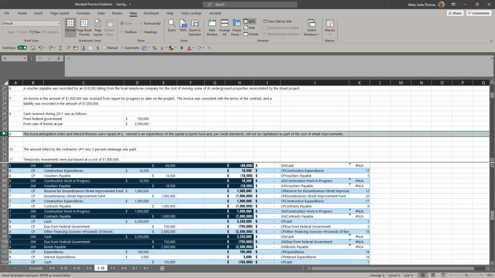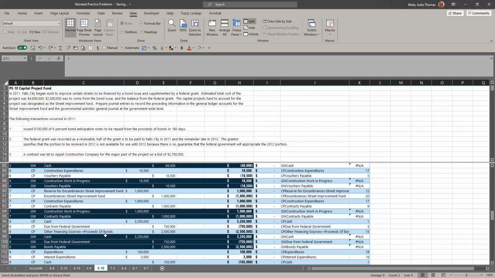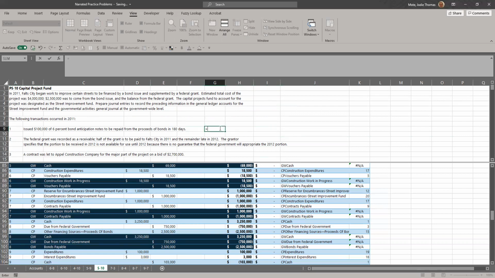The bond anticipation notes that they issued while they're waiting on their bond proceeds to come in were repaid. From number one, remember we issued those $100,000, 6% bond anticipation notes that are to be repaid from the bonds in 180 days. So we know we're going to have to record our interest expenditure as part of this payoff.